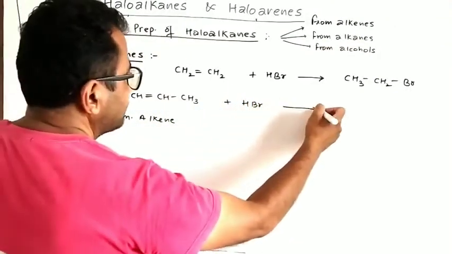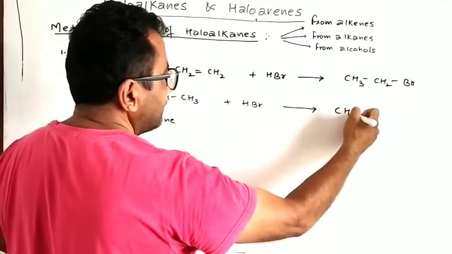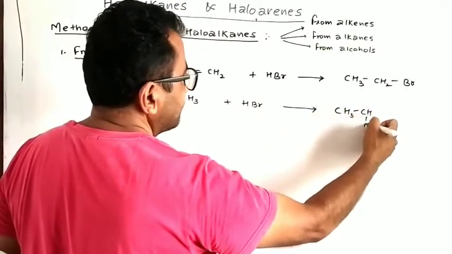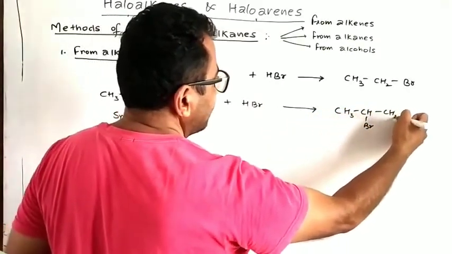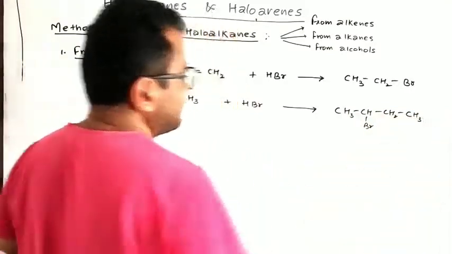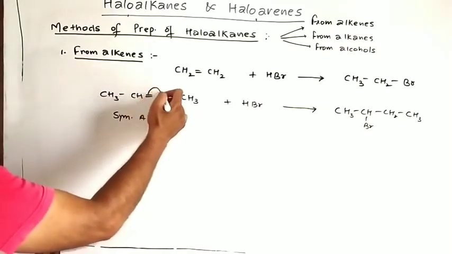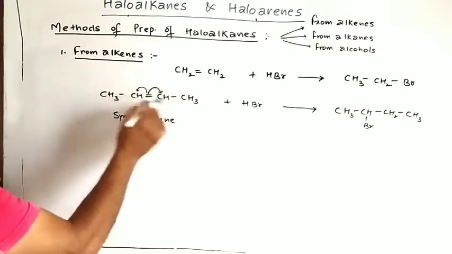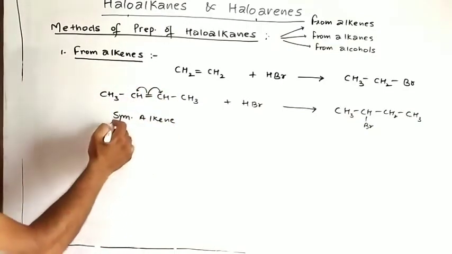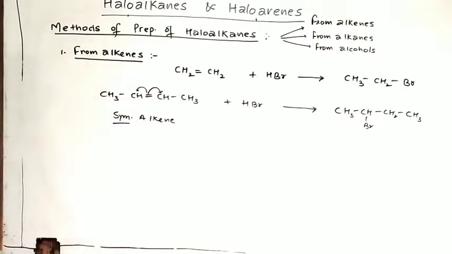When you add HBr, you will get 2-bromobutane, or you can say secondary butyl bromide. In this case also it doesn't matter which direction the pi bond shifts, because both sides are equal. For symmetrical alkenes it doesn't matter.